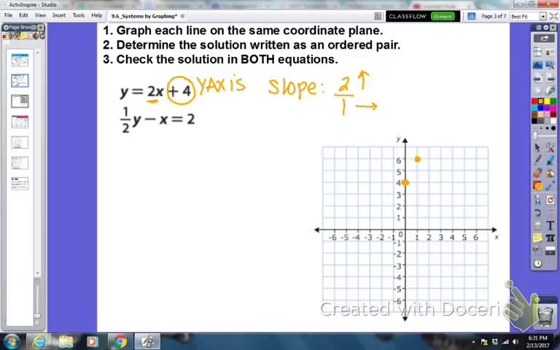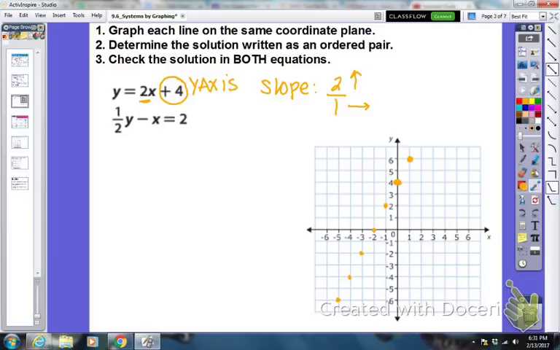Or if you reverse it, go down and to the left. Again, graph it with a straight edge, arrows at the ends.